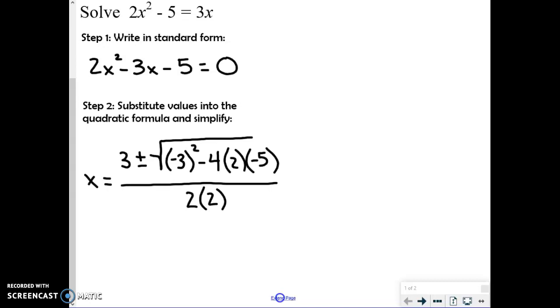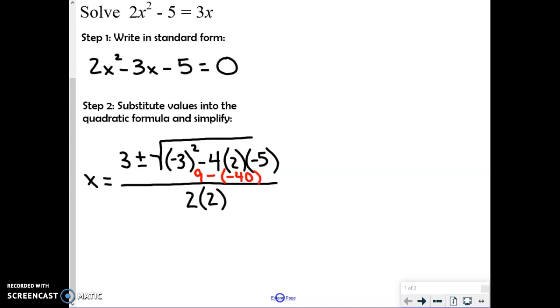So now what we're going to need to do is, first things first, let's figure out this square root. So let's figure out the discriminant under it first of all. So negative 3 squared is 9, minus 4 times 2 times negative 5 is negative 40.